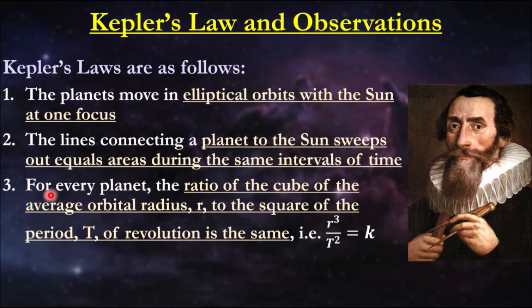And then number 3, for every planet, the ratio of the cube of the average orbital radius, r, to the square of the period of revolution is constant, and it allows us to work out the average orbital radius and revolution time of other planets orbiting the same mass object.